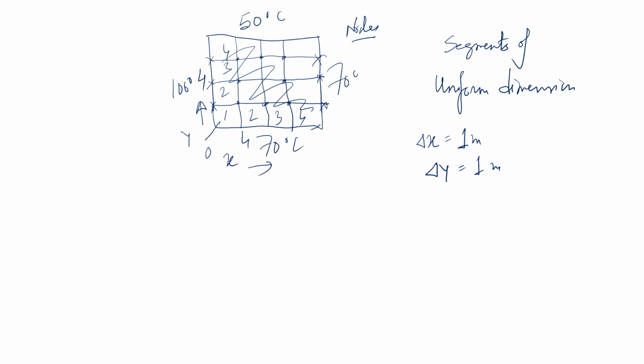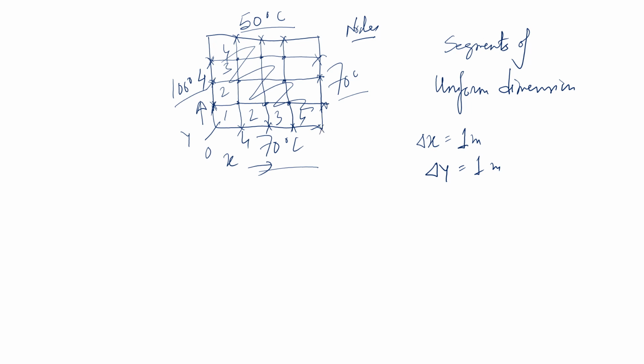are known, because we know that the temperature at the edge is 70 degrees centigrade in the right hand side, in the downward side also 70 degrees, left hand side 100, and upside 50 degrees centigrade. So if the edge is at this temperature, then all the points at the edge are also at the same temperature.